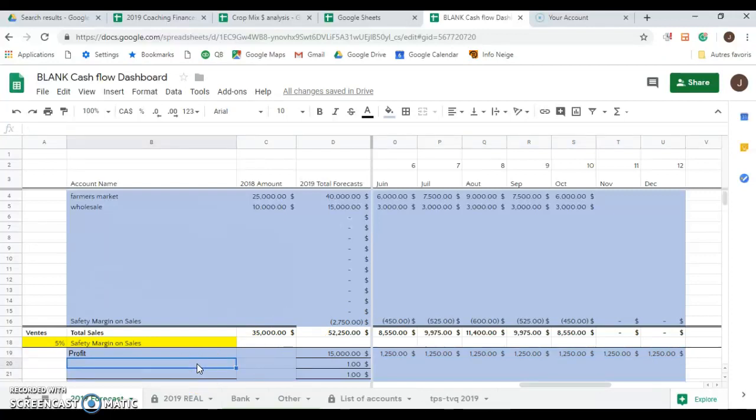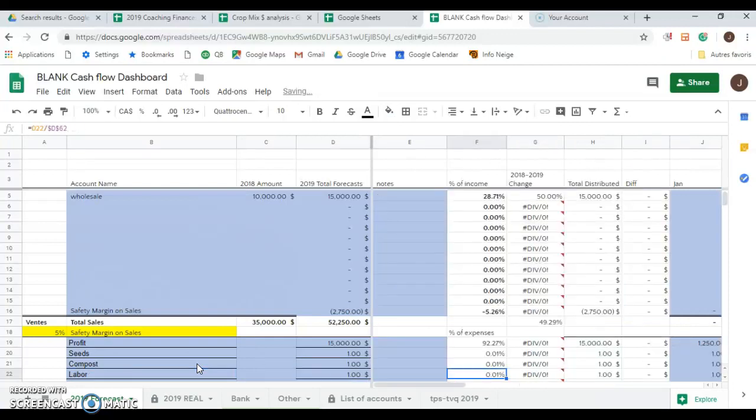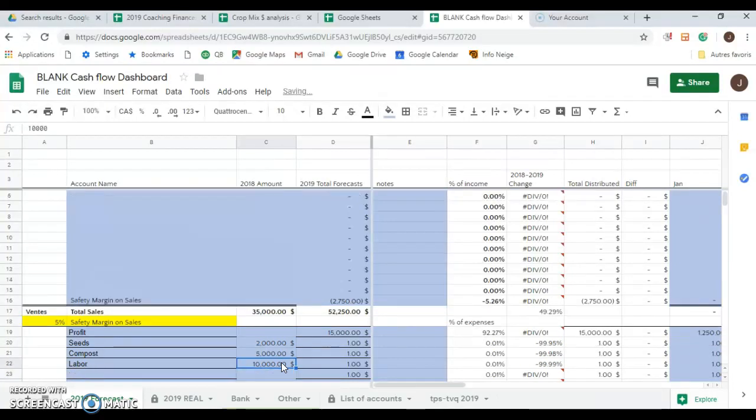The next step is all your expenses. So in this case, super simple farm, we have seeds, we have compost, and we have labor. And we would enter the amounts from last year. Let's say it was 2,000, 5,000, and I don't know, 10,000. I'm just making stuff up.